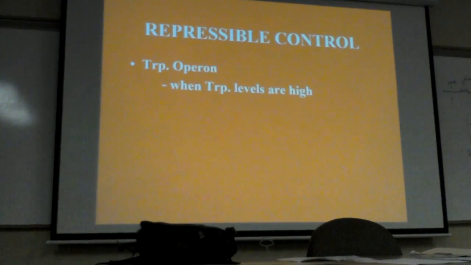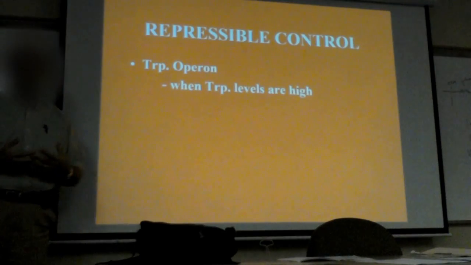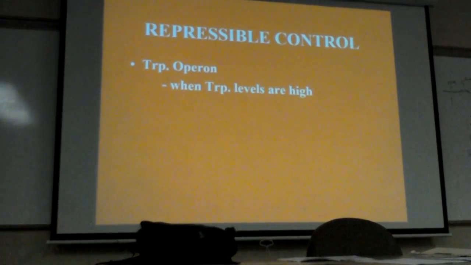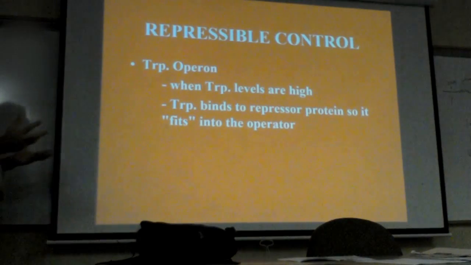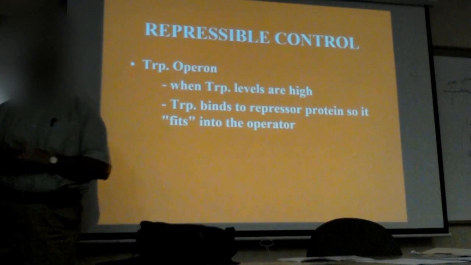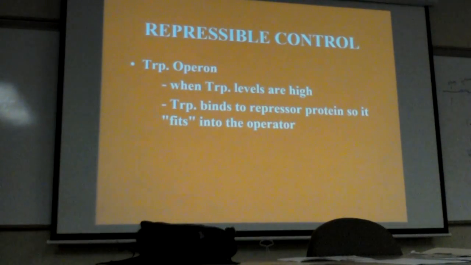So when the tryptophan levels get high, we get a lot of tryptophan in the cell. The tryptophan itself is going to bind to the repressor. When the tryptophan binds to that repressor, it's going to change the shape of that repressor protein. Back to that allosteric regulation we were talking about. Now the repressor fits into the operator.